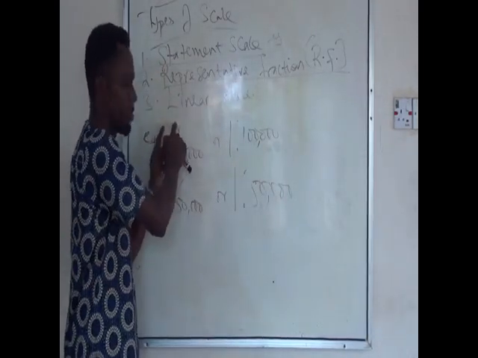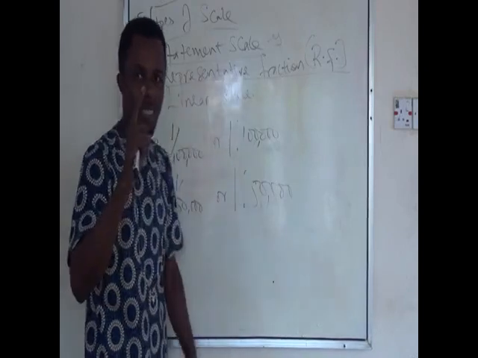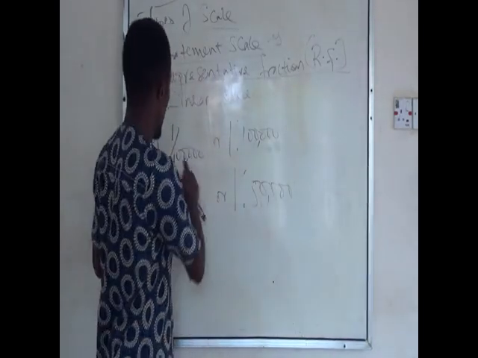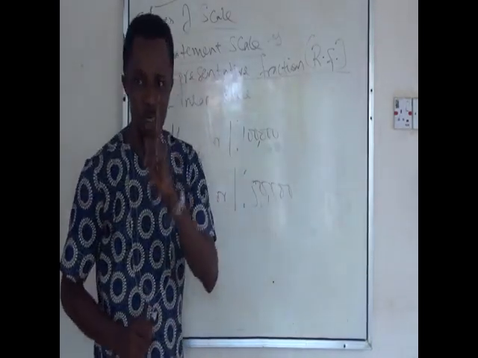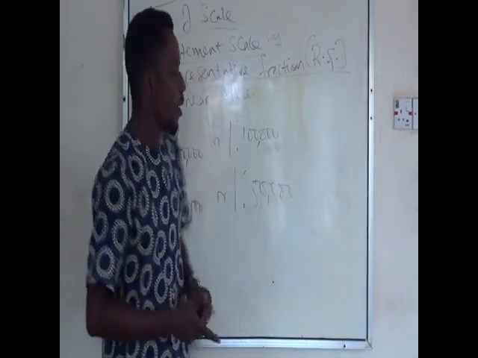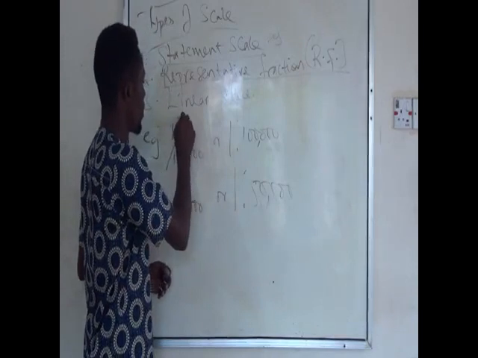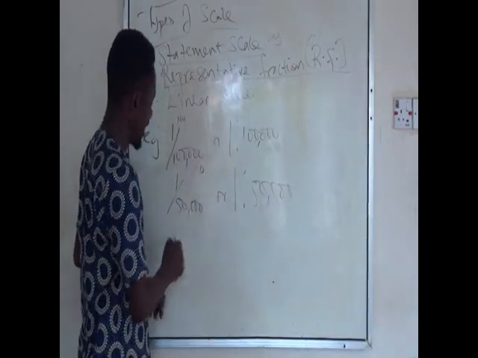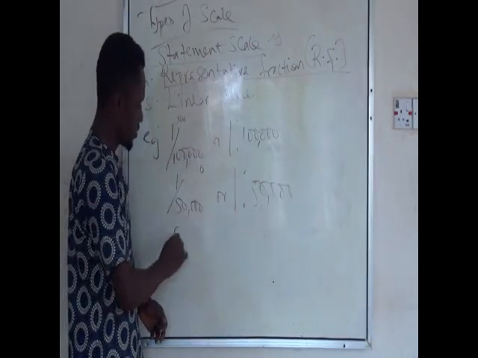1 is the numerator. It stands for the distance on the map, while 100,000 is the denominator, which stands for the distance on the ground. Both the numerator and the denominator are in the same unit, which is centimeters.